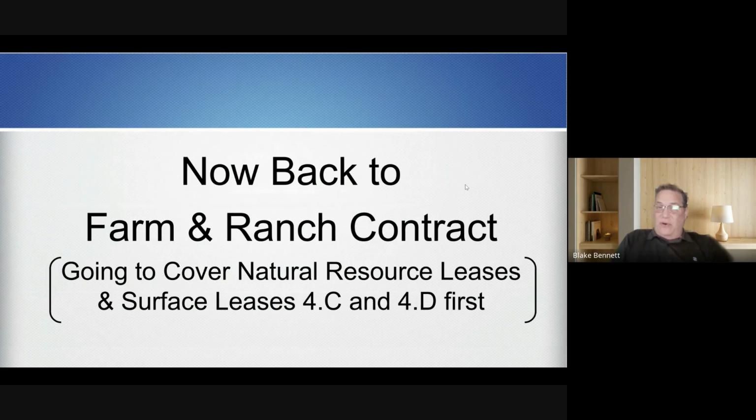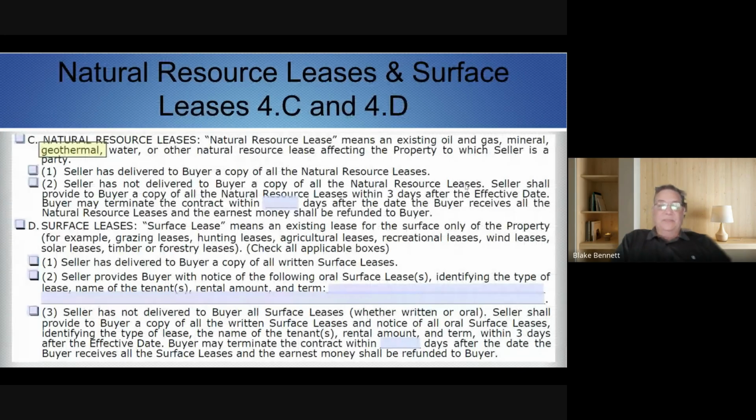Now coming back to the farm and ranch contract, we can cover natural resource leases and surface leases. This is in 4C and 4D. Realize, here's a change that was made. Natural resource leases and surface leases, paragraph 4C includes geothermal as well now for a natural resource lease. It's not just oil, gas, minerals. It's also geothermal.